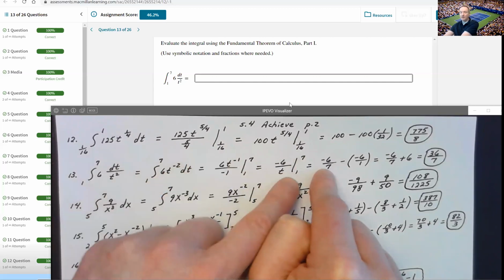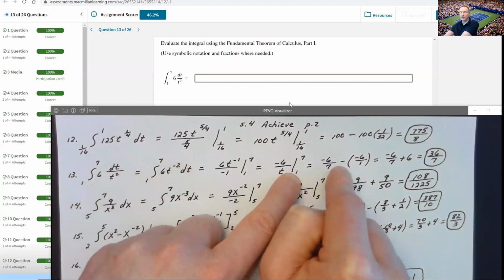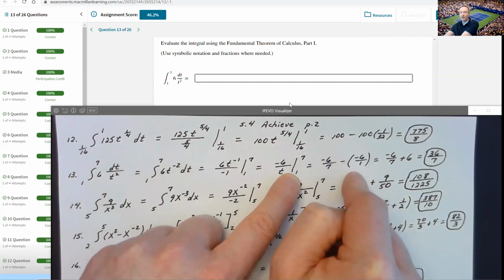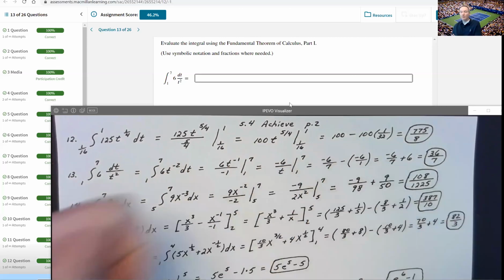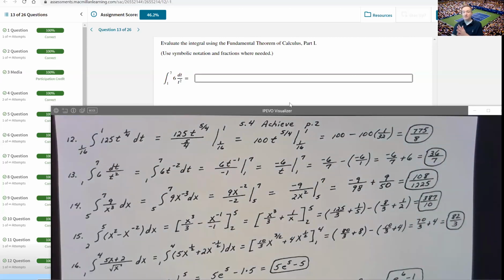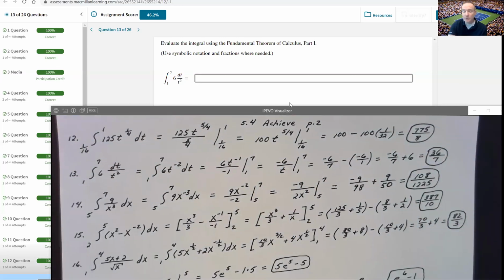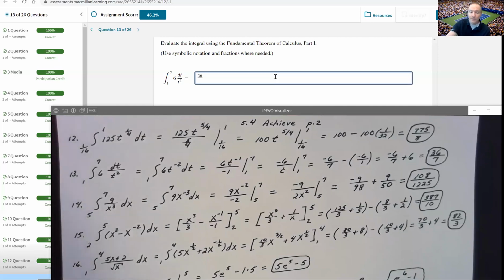The lower limit, you'll subtract it, and it's going to be minus 6 over 1. We know if you're subtracting a negative, you're really adding a positive. We're going to have 6 minus 6 over 7. That's going to give me 42 over 7 minus 6 over 7 for 36 over 7. Final answer.